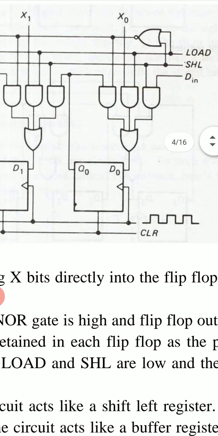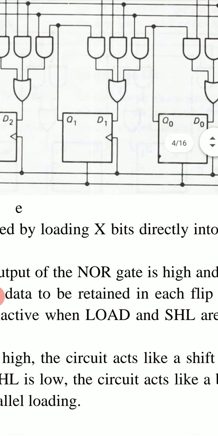So if we want shift left action, we put the shift left SHL control signal as 1, then we have to put load as 0. And if we want to load these all 4 X bits in parallel, then we have to keep load 1, then we have to put SHL as 0.